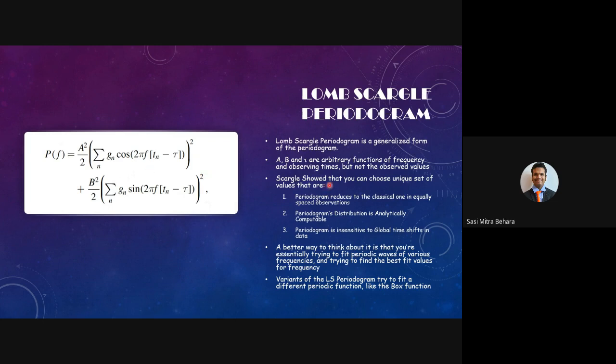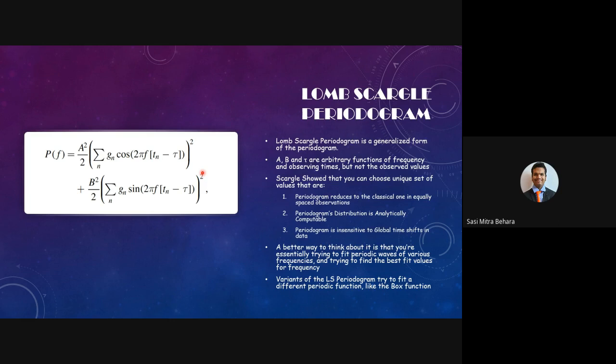Scargle showed that you can choose a unique set of values a, b, and tau. These are arbitrary functions of the frequency and observing times, but not observed values. So the values that you measure don't affect the choice of a, b, and tau, only the frequency and observing times.